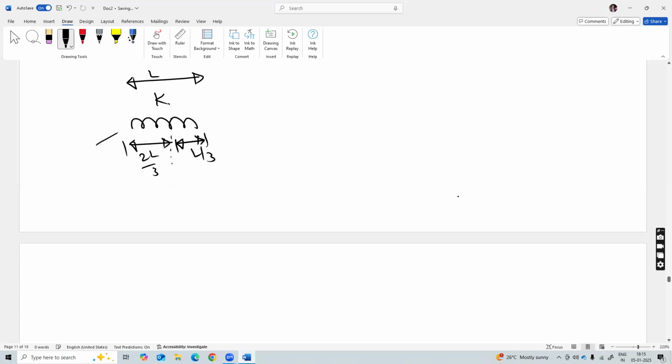The spring constant for this section will become k into total length L divided by 2L by 3. L will get cancelled, so it becomes 3K by 2. Similarly, the spring constant for this section will become K into total length L divided by the present length L by 3. L will get cancelled, and it will become 3K.